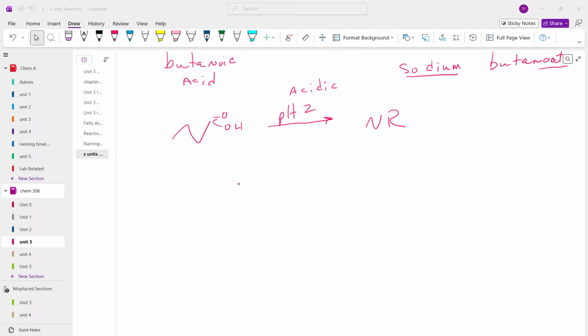All right, so now when you have an acid in there and another acid, they form something called a dimer. A dimer is when the two acids hook up, and they hook up like this.